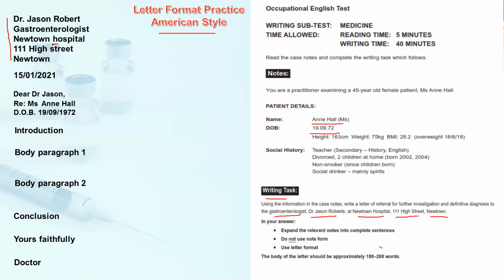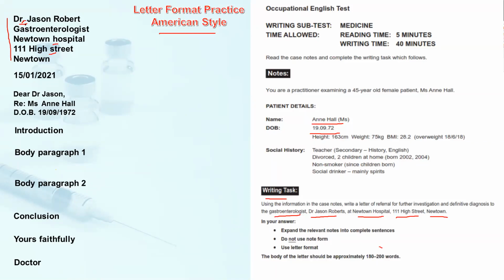Again, there is this period, which is punctuation, and in the address we do not include any punctuation. So you have to remove this period.